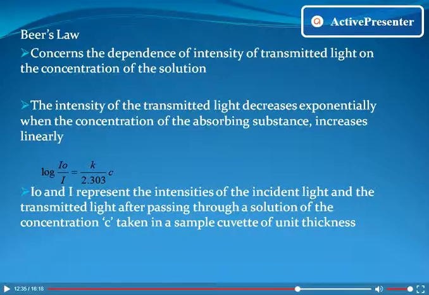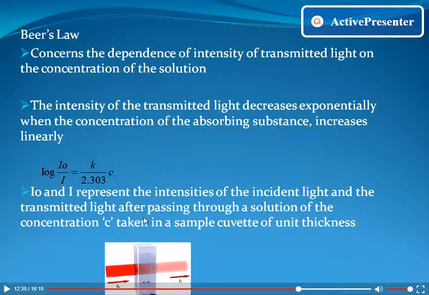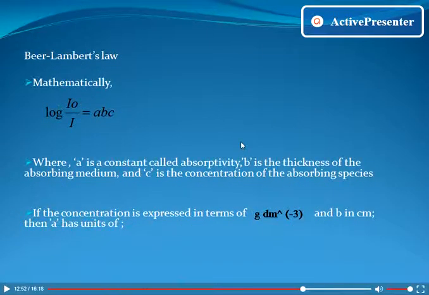The cuvette is the one we use in the lab. Mathematically we can combine the two laws. Here A stands for a constant called absorptivity, B is the thickness, and C is the concentration of the absorbing species.